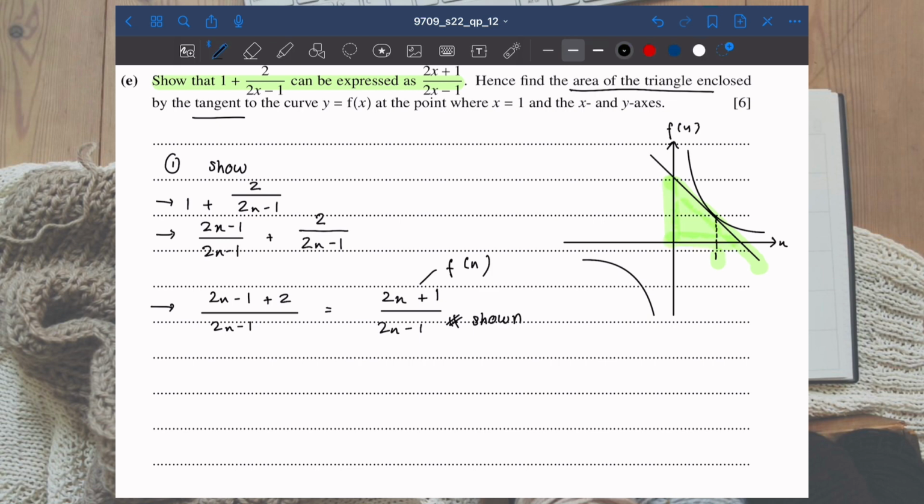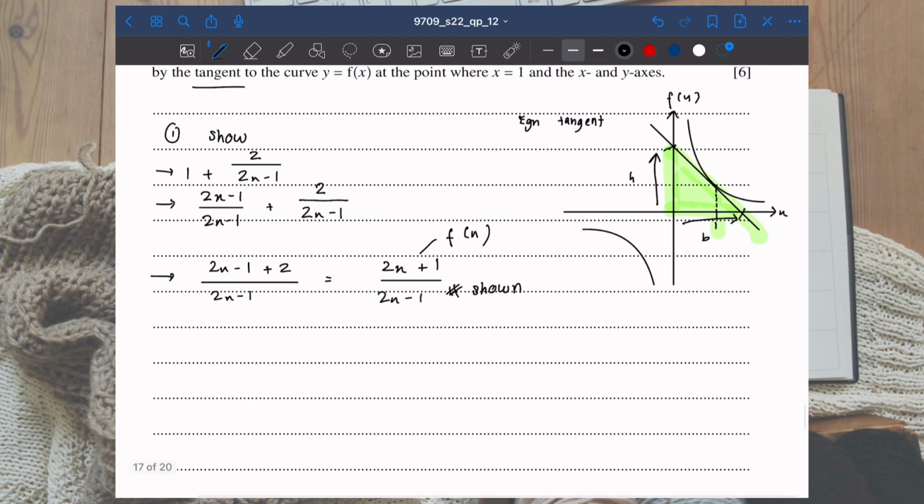So what we need to do is find the equation of the tangent so that we know the y-intercept and the x-intercept. Because the y-intercept will be our height and the x-intercept will be our base.